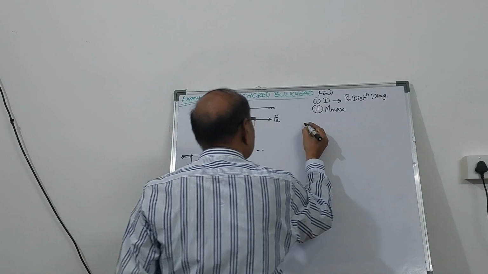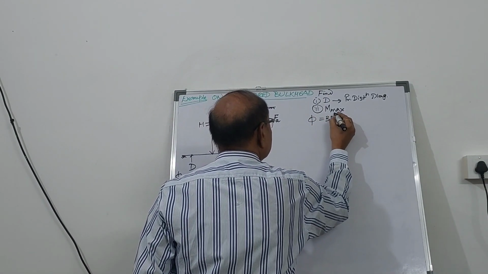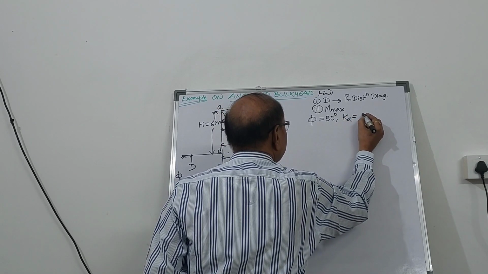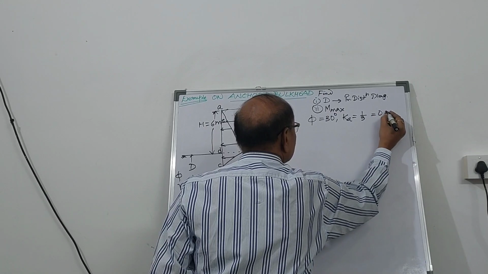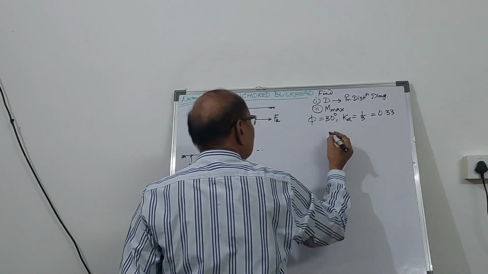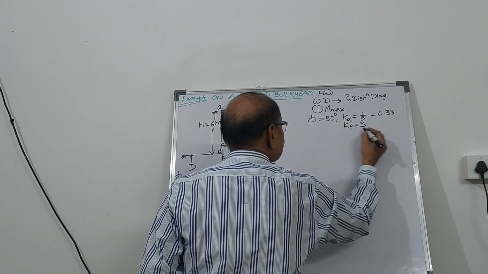So depending upon the value of phi equal to 30 degree, the value of K will be 1 by 3, and the value of Kp will be 3.